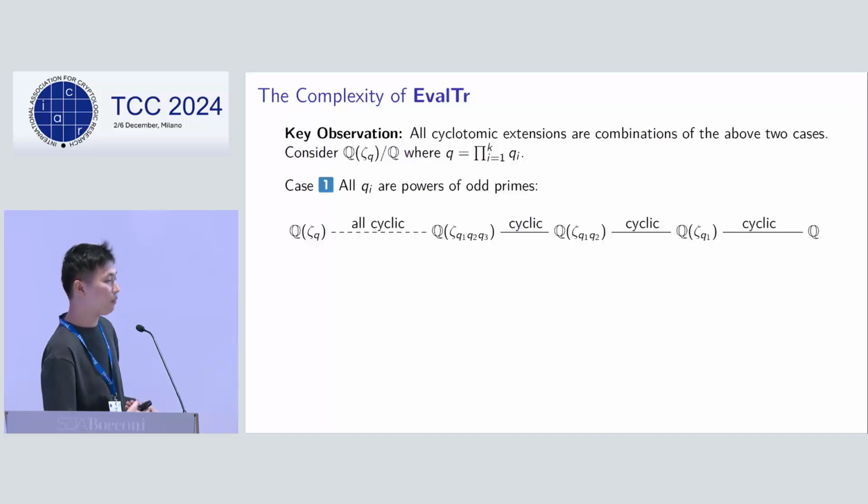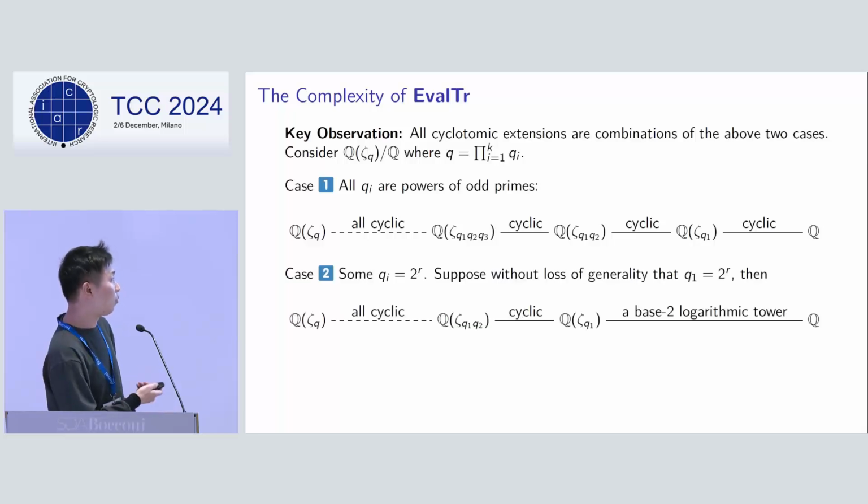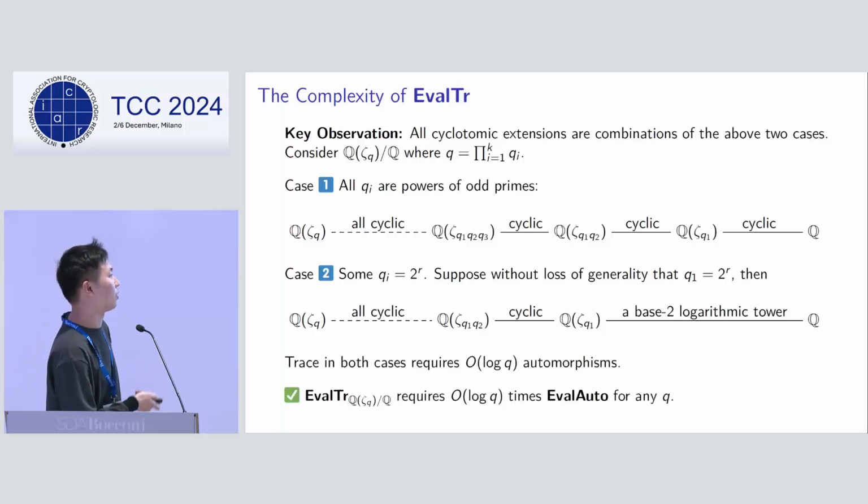Second, if it contains some power of 2 factors, it is a combination of cyclic extensions and a base 2 logarithmic power. So the trace evaluation in both cases only requires log Q automorphisms, and these two cases cover all the possibilities. Our conclusion is that trace evaluation for arbitrary cyclotomic extension requires logarithmic complexity.